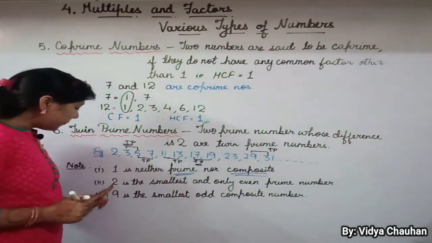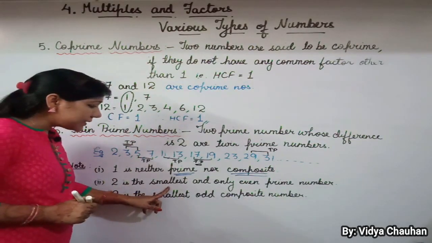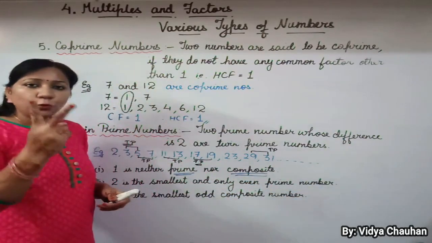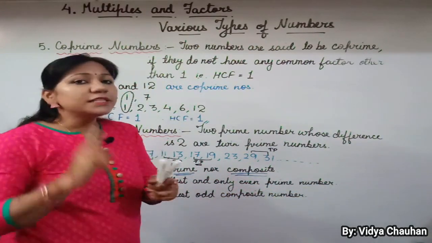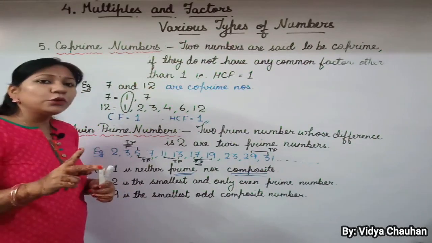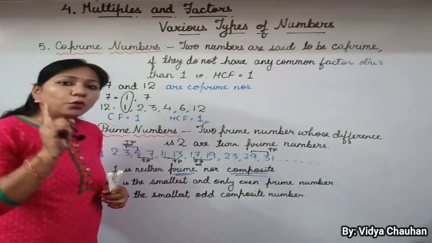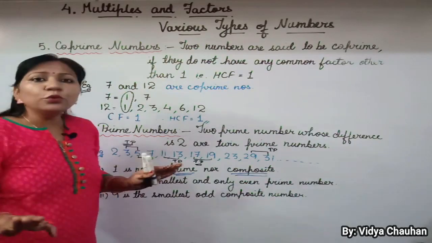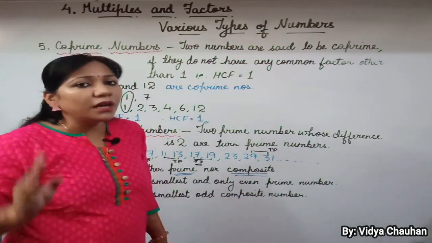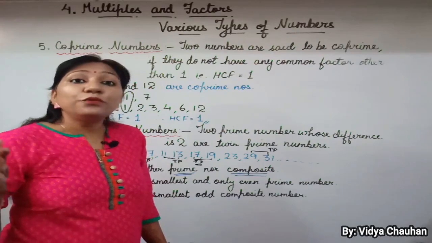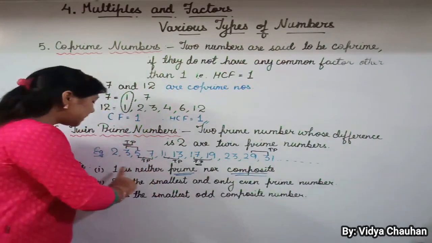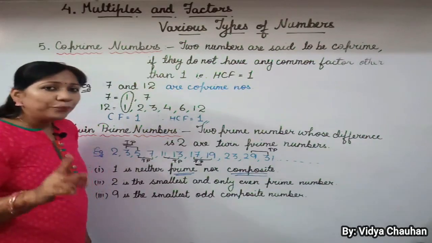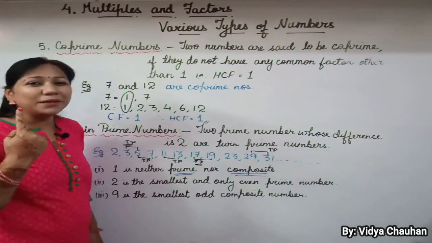The second point, 2 is the smallest and only even prime number. So there are two criteria for 2. 2 is the smallest prime number, and also the only even prime number. Apart from 2, we do not have any other prime number which is even.